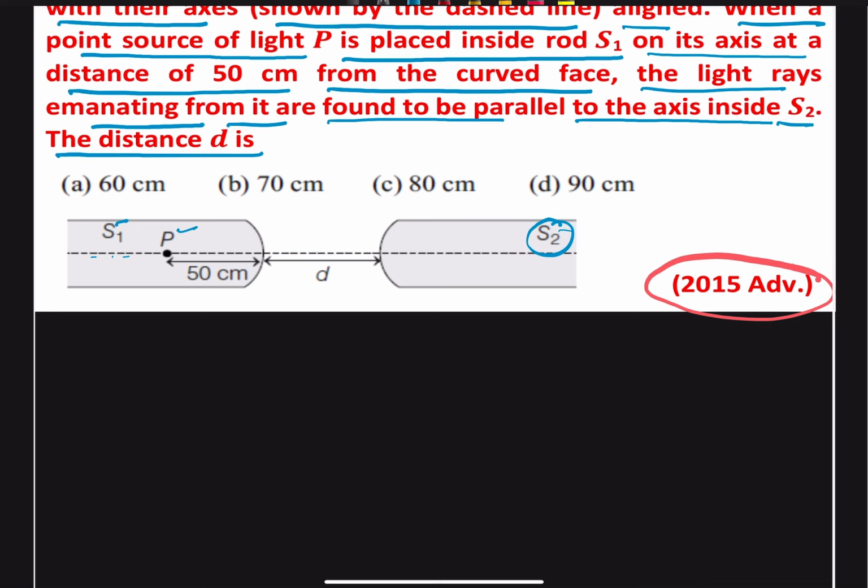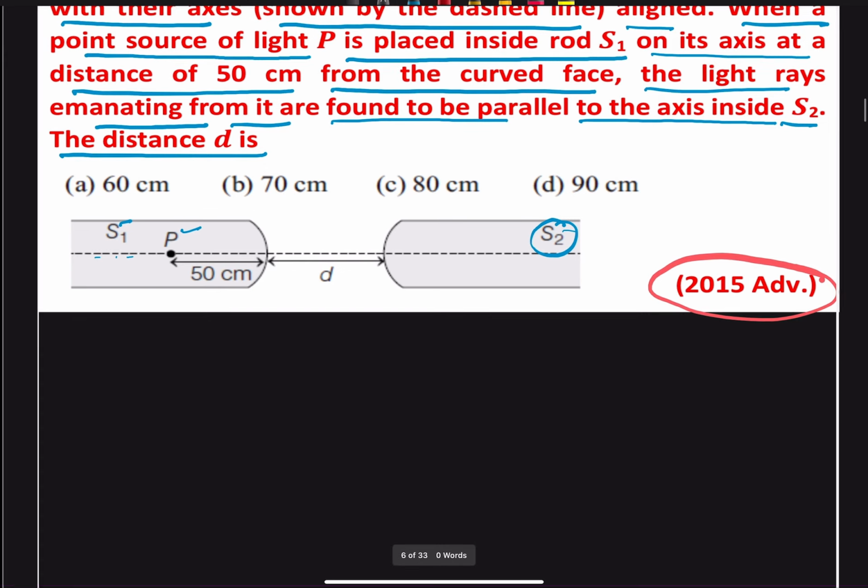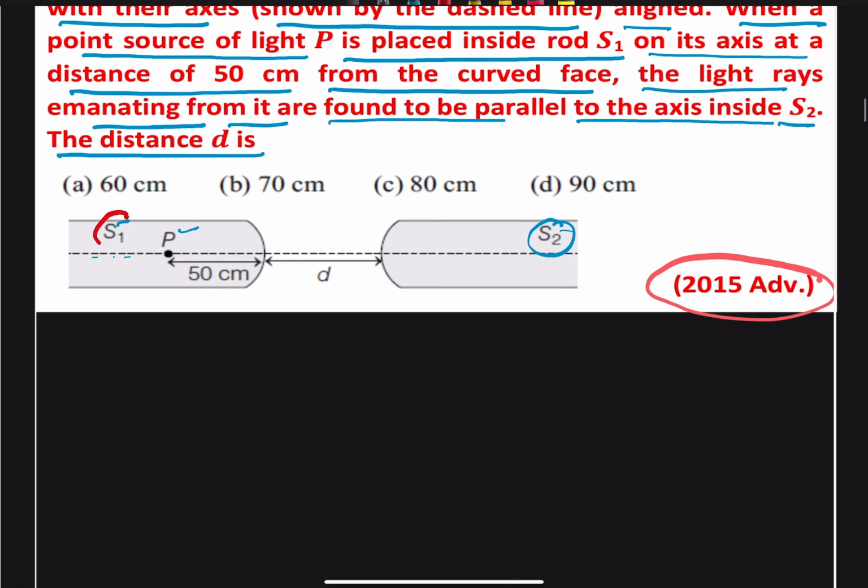First of all, the entire discussion can be carried out by analyzing two successive refractions. One refraction will be along the curved surface of S1 and another one will be at the curved surface of S2.